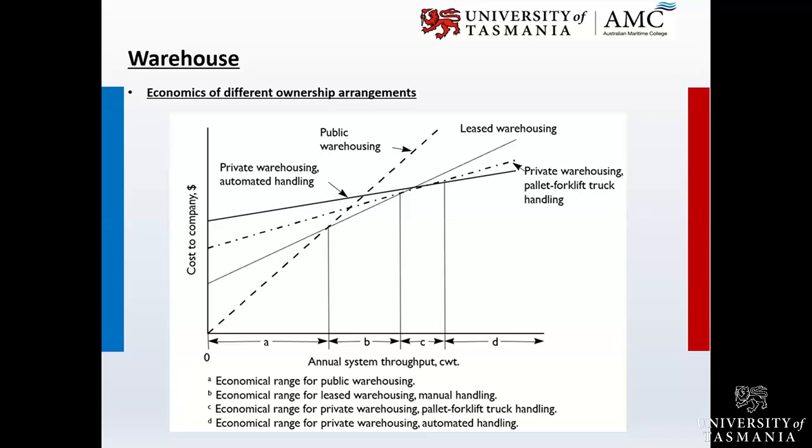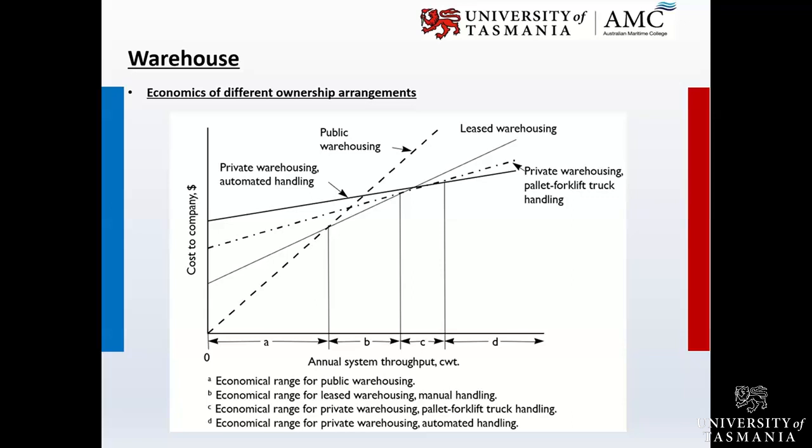It's similar when we look at area B. When we look at area B, we find the leased warehousing is the most profitable arrangement because of the least cost.